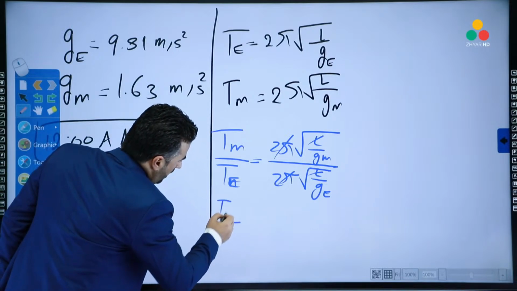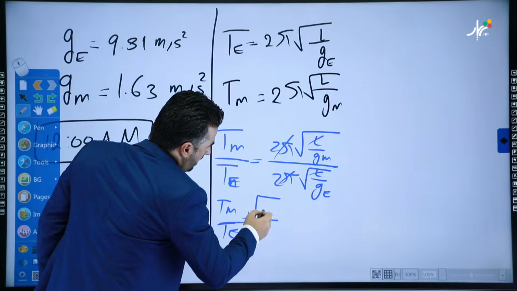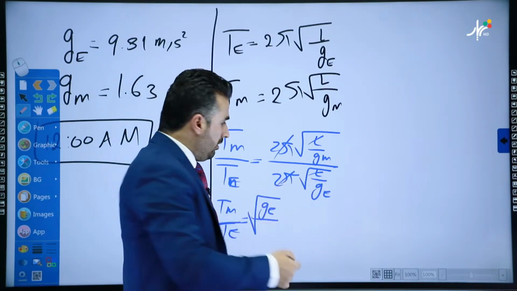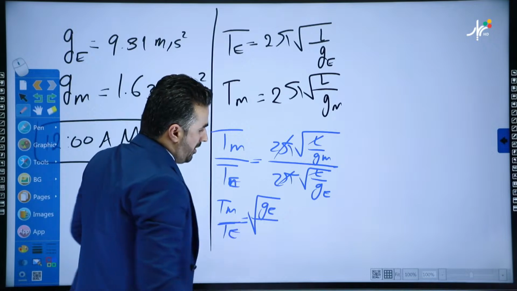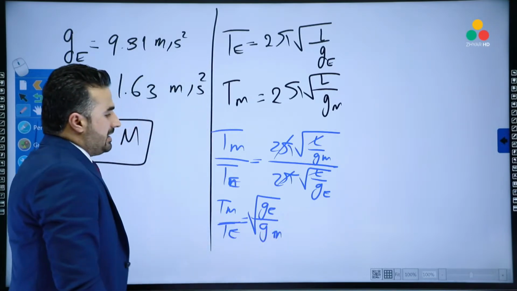T on the moon over T on Earth equals the square root of gravitational acceleration of the Earth over gravitational acceleration of the moon. Once you take the reciprocal, gravitational acceleration for the Earth will be up, and gravitational acceleration for the moon will be down below.